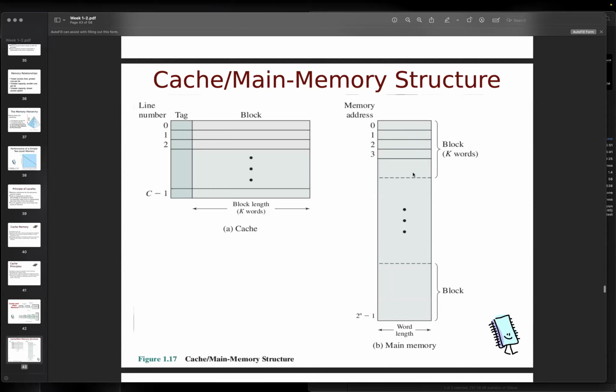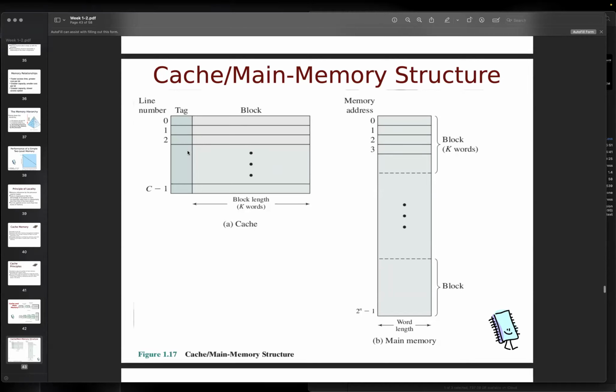So we'll load this block into the cache when the CPU needs a certain instruction for execution. When it tries to fetch it from the cache but couldn't find it, then we load it from main memory and keep it in the cache. This is the idea: we move it, swap out, then move a new block and save it into the cache. So here's how it works.